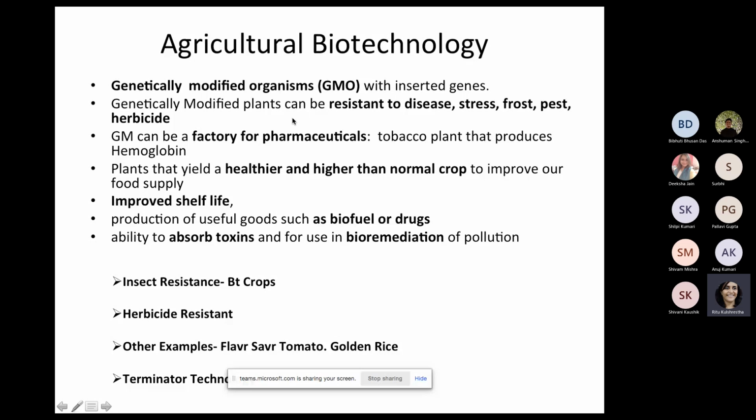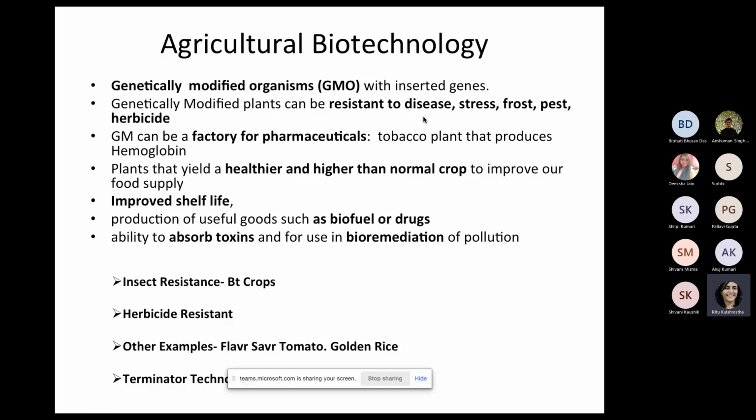So the transgenic plants that have been created have been in the context of providing resistance to various stresses. It could be salt stress, disease resistant, pest resistant, frost resistant, herbicide resistant, insect resistant.